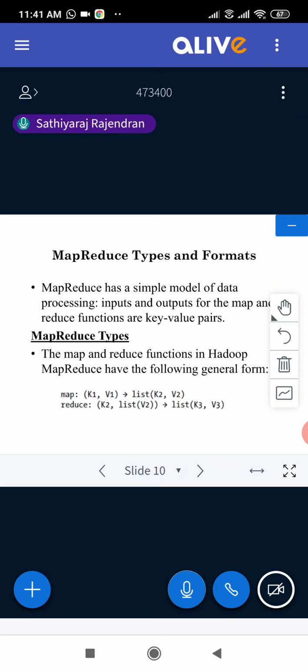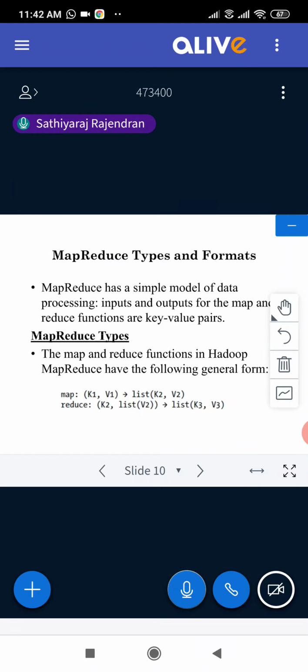And this side I have something called USN, a unique ID, and I'm not going to merge it with another. So you can see the key as K2, that is the USN, and list of V2 means you have a set of 5 values. Altogether you are going to merge it, altogether you are going to reduce it. That is list of V2, where your key will be a single one and the values will be many. That is the meaning of it.